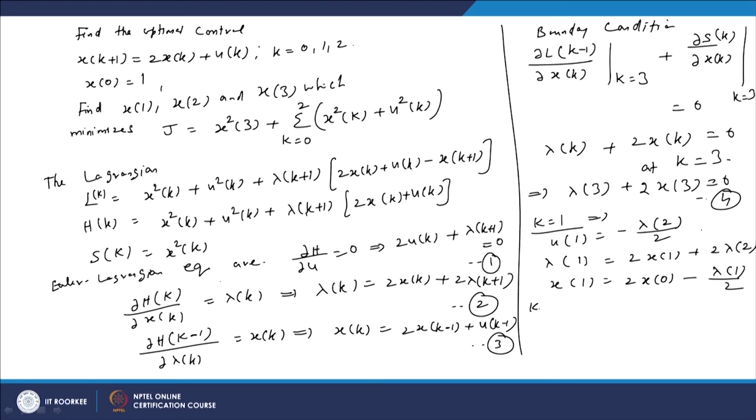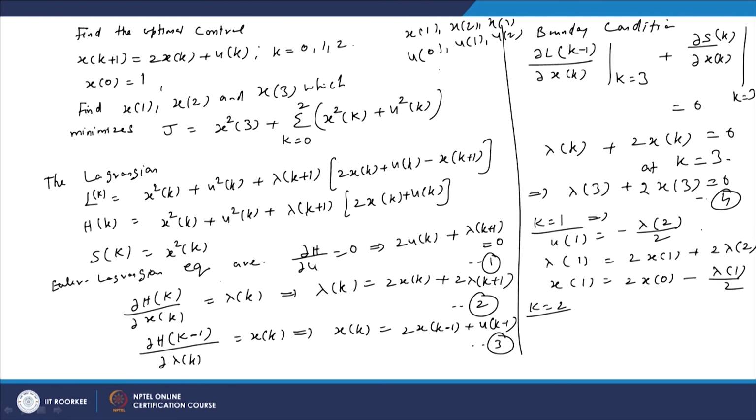Similarly, we can write at k equal to 2 a similar expression. So, by writing the system of equations, we will get exactly the unknowns we want to find: x1, x2, x3 and the controls u0, u1, u2.